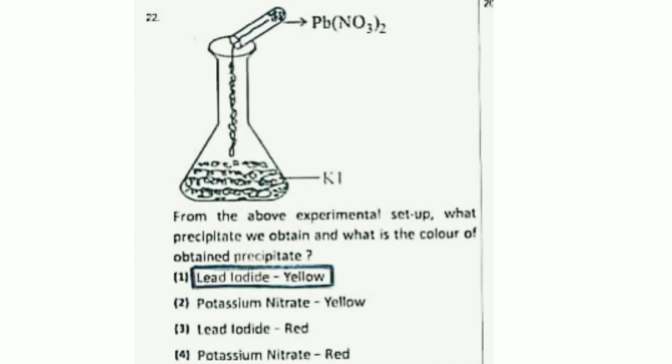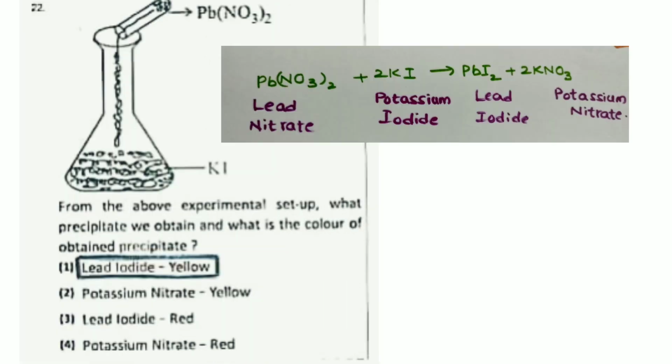From the above experiment, what precipitate do we obtain and what is the color of the obtained precipitate? The answer is lead iodide and it is yellow in color. The reaction between lead nitrate and potassium iodide is Pb(NO3)2 plus 2KI gives PbI2, that means lead iodide, plus 2KNO3, that is potassium nitrate.